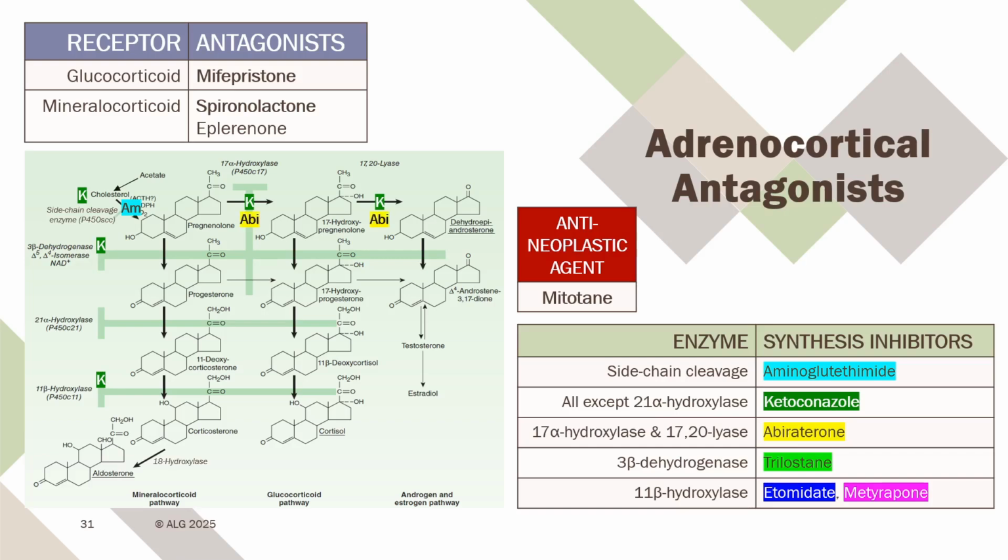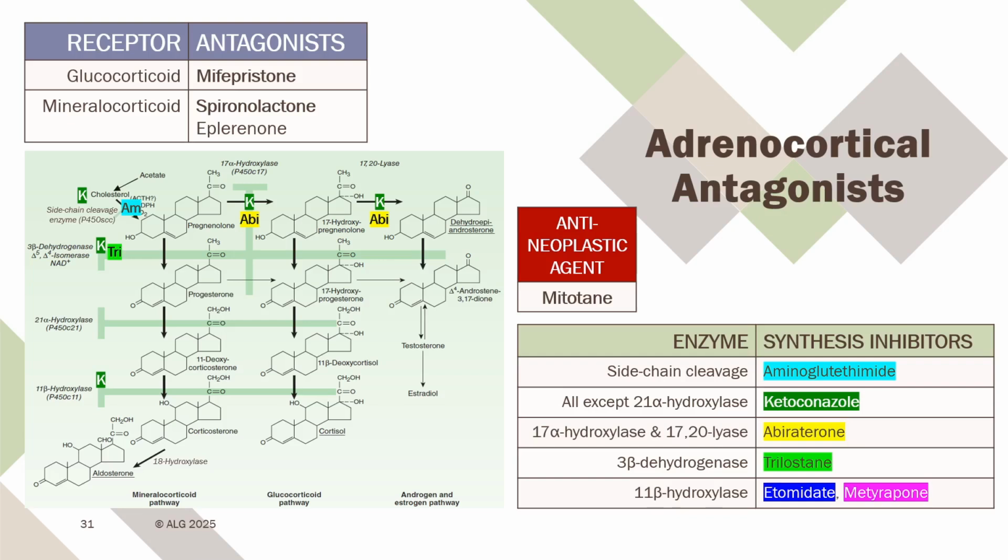Abiraterone inhibits 17-alpha hydroxylase and 17,20 lyase, affecting glucocorticoid and androgen pathways. With abiraterone, we still have aldosterone. Trilostane inhibits 3-beta dehydrogenase, affecting mineralocorticoid and glucocorticoid pathways.